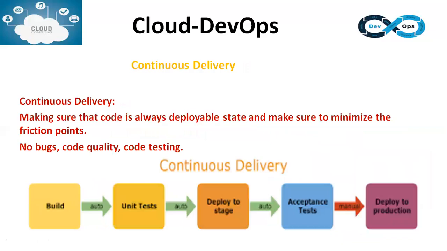So yeah, continuous delivery, as I said: once a build has happened and been deployed to one of the pre-production environments, and we see it is looking good and we are happy, we can move it to production.